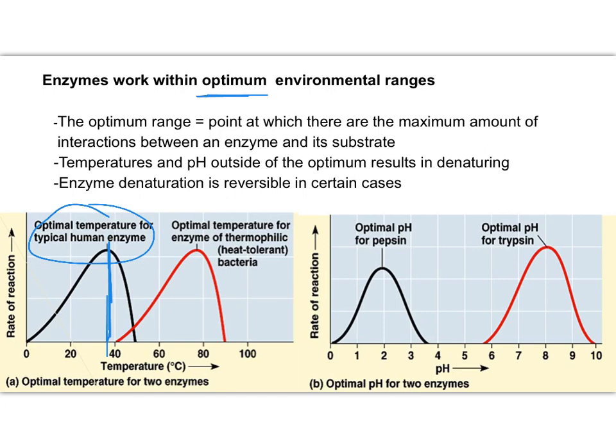You'll notice when it gets too hot, it drops off very, very quickly. When it gets too cold, it slows down little by little. This steep drop right here is when the enzyme has denatured. It's no longer working.